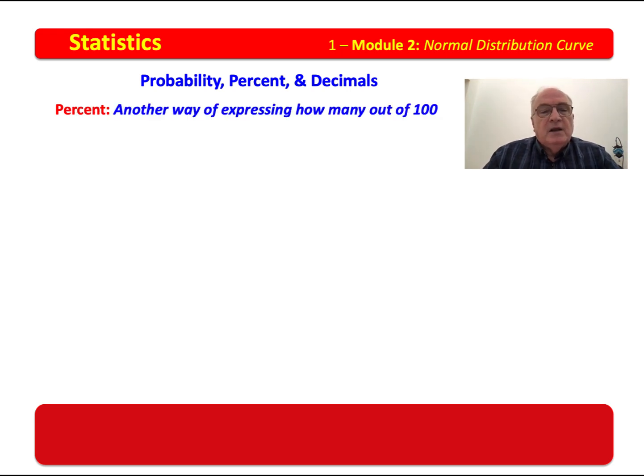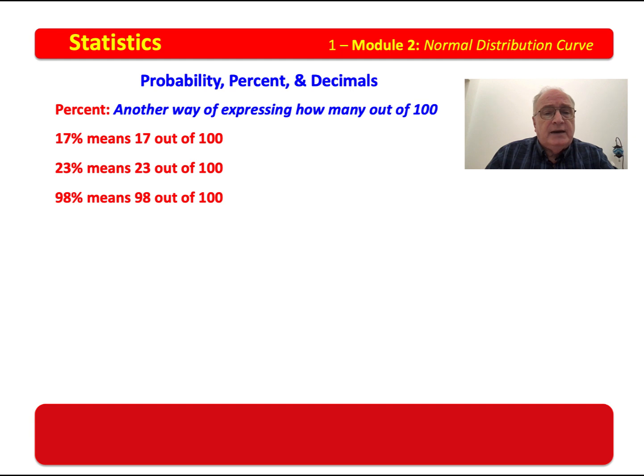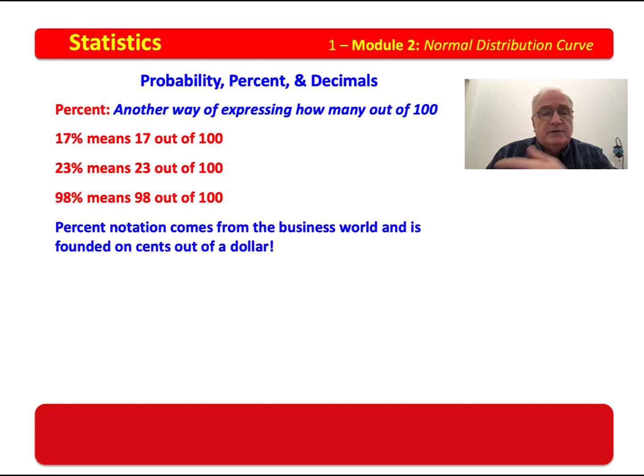Let's look at percent as another way of expressing how many out of 100. 17% means 17 out of 100. So we might say that if something is going to happen 17 out of 100 times, then 17% of the time it's going to occur. 23% means 23 out of 100, 98% means 98 out of 100.